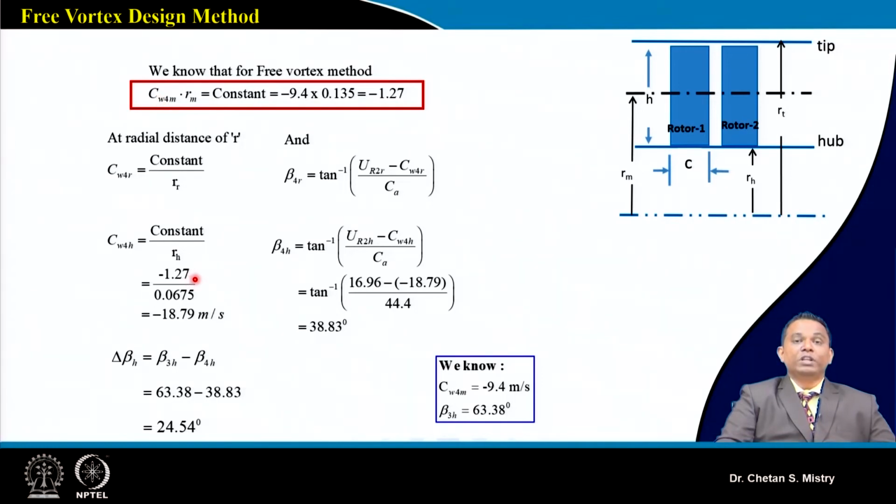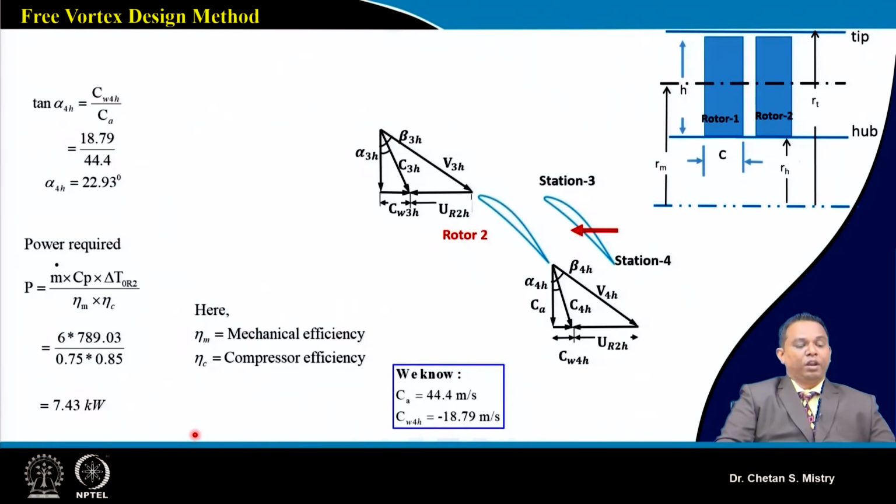If we use that, we are able to calculate our blade angles beta 3 and beta 4 for rotor 2. Here in this case, my beta 4 is coming to be 38.83, and my delta beta is coming to be 24.54. Okay. Now in line with that, we will be able to calculate our flow angle alpha 4.